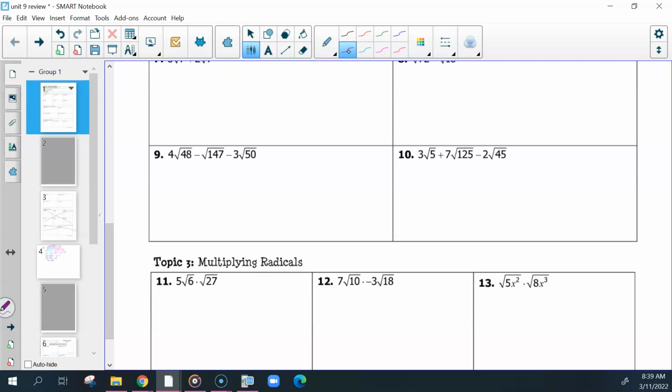Alright, so for this one, you would need to simplify each of these. Shortest method, you have to find the highest perfect square that these go into. I'm kind of guessing. So this would be 16 and 3. This would be 4 times the square root of 3. I don't know what 147 would be.